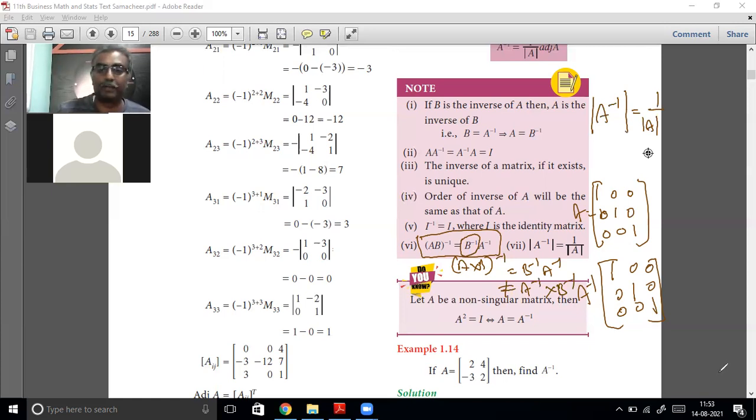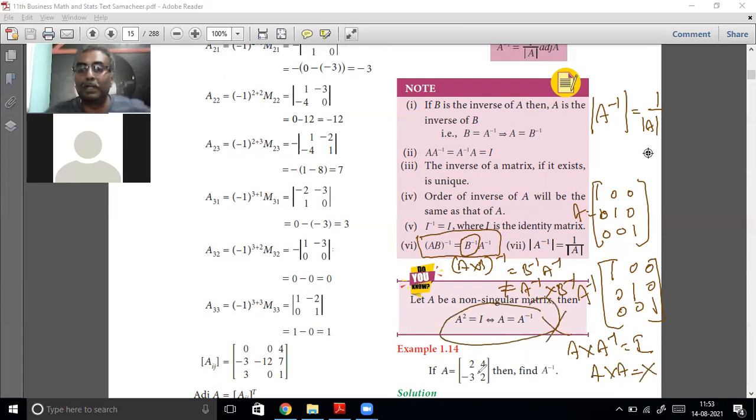Okay, that is very important. Another one: let A be a non-singular matrix, so the inverse exists. Then A squared is equal to identity matrix because A is equal to A inverse. We do not understand this. How will A squared be the identity matrix? A into A inverse will be the identity matrix, but A into A will not be identity. I think it is wrong, do not believe that.